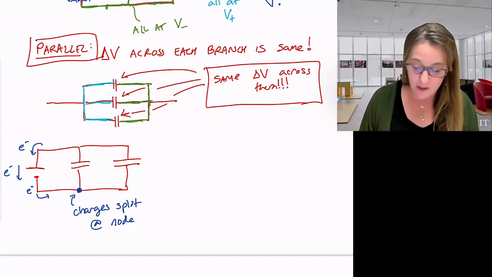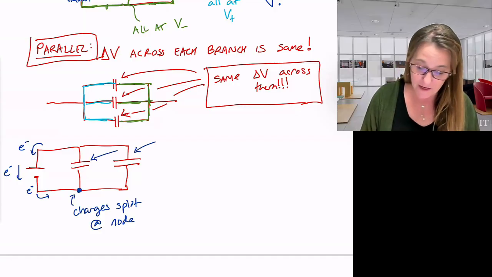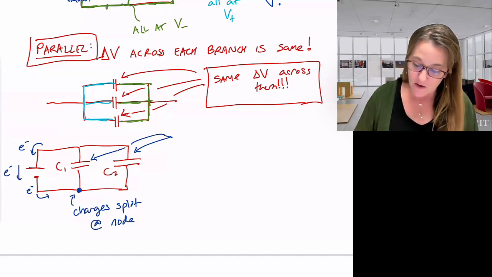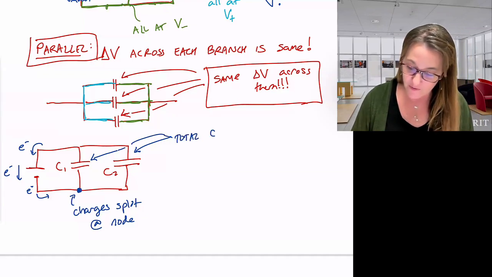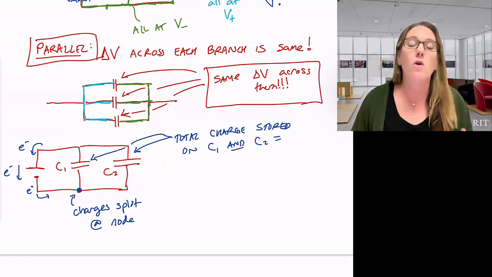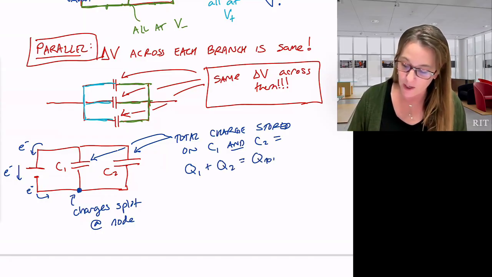So what's going to happen is that the total charge, if I call this first capacitor C1 and C2, then what I see is that the total charge stored on C1 and C2 is just simply going to be equal to the charge on C1 plus the charge on C2, and that would be equal to my Q total.